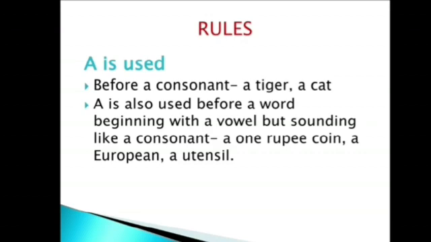Again, in next example, a European. Here, E is also a vowel sound, but here the word is European and we are getting Y sound. Next is a utensil. U is also a vowel, but the word is utensil and we are getting Y sound.